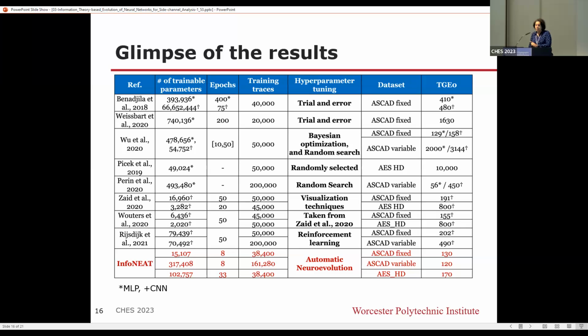It really depends on the number of parameters that you want to train and tune. And if the network is small enough, the cost would be reduced. And as you can see, for the InfoNet, the size of the networks is quite compact.